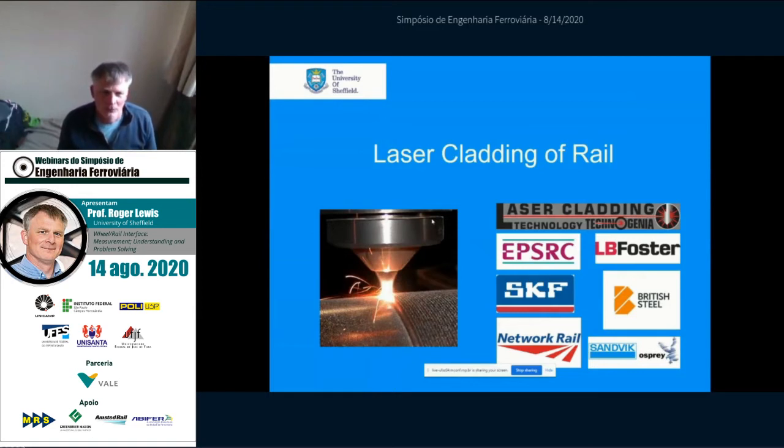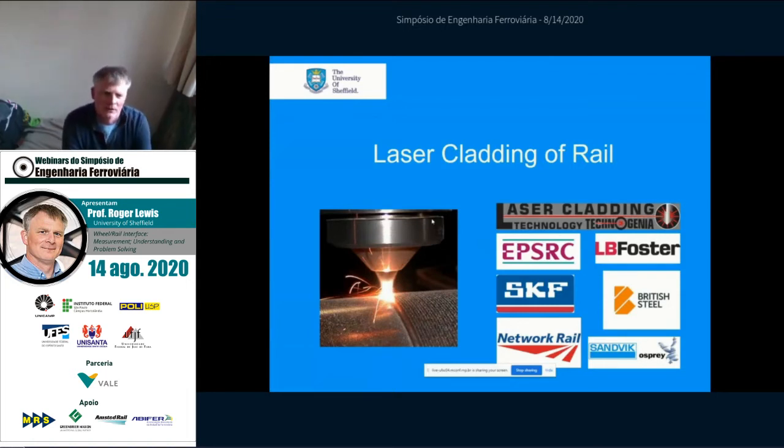So for those of you who don't know what laser cladding is, it is an additive manufacturing technique. You can see the image here of the laser that might be used. Here it's cladding a cylinder. So the laser is fired at the surface of the material, and in the laser cladding technique that we use, the powder of a premium material that we want to put onto the surface of our component is fed towards the surface around the laser.